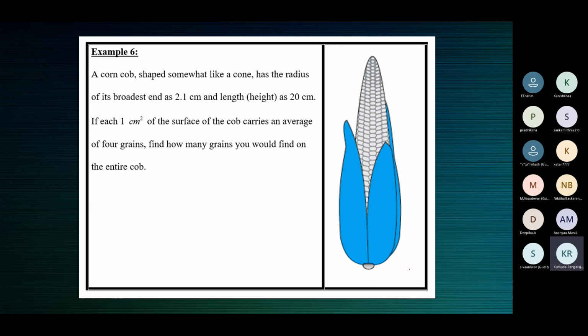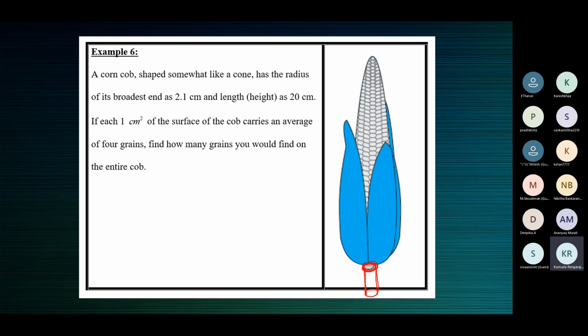See here, you will have that stick kind of thing, no? That stalk with which you will hold the corn and eat it. That stalk is somewhat cylindrical. So the place where the stalk is attached to the corn will be circular.